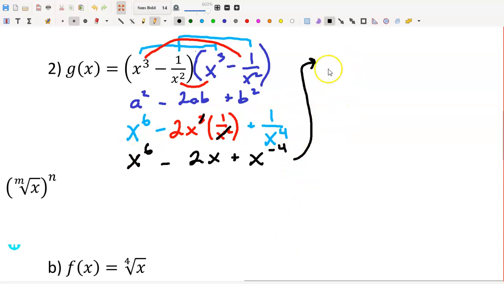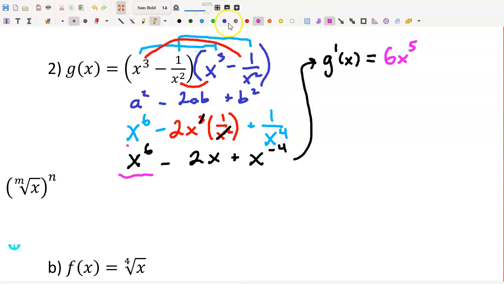So now that it's in the proper format, now we can do the derivative, g prime. And just go through each one by one. All right, derivative of that, 6x to the 5th. Derivative of negative 2x is just minus 2.